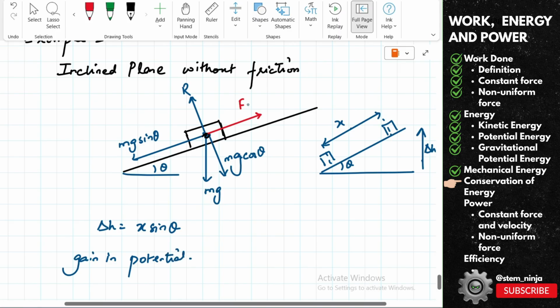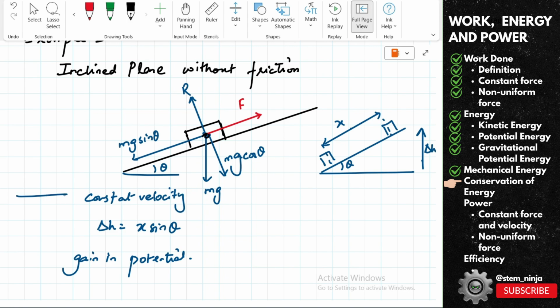So the gain in potential. Oh, well, let's state one condition. Let's say this object is moving with constant velocity. Okay, so this is a big case over here. If this is moving at constant velocity, gain in potential will be equal to the loss in kinetic energy, by the way.